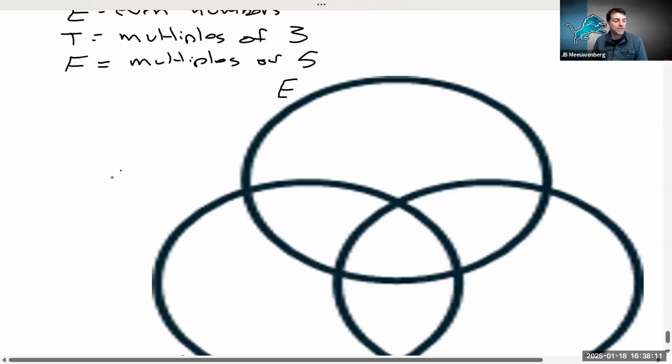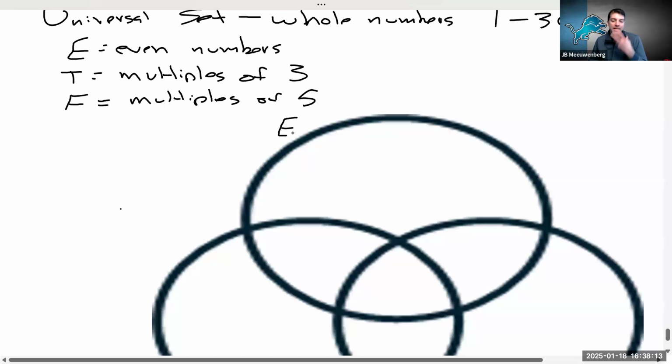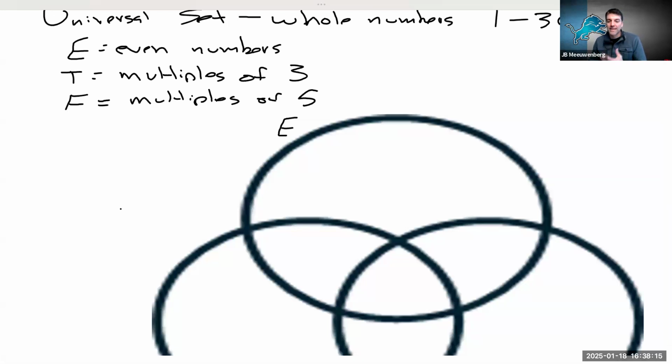So what I want you to do is see if you can do the same thing, arrange all your numbers in the proper locations in that Venn diagram. Pause the video and then come back here. So let me start doing this as well. I'm going to do this right along with you.